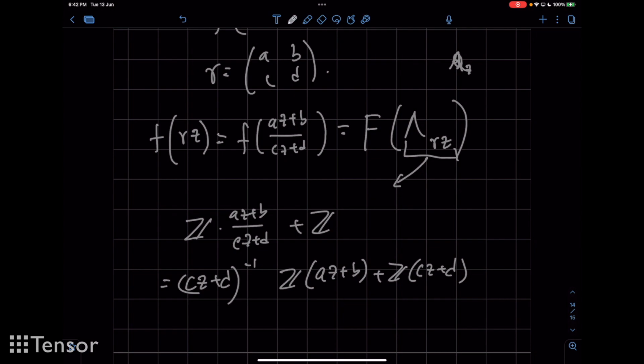So this lattice lambda sub gamma z is homothetic to the lattice that is generated by az plus b and cz plus d.